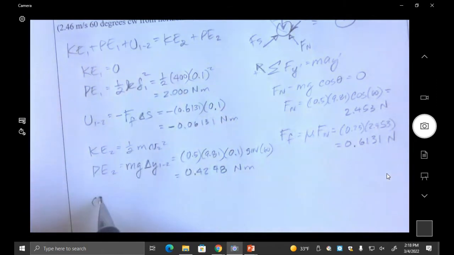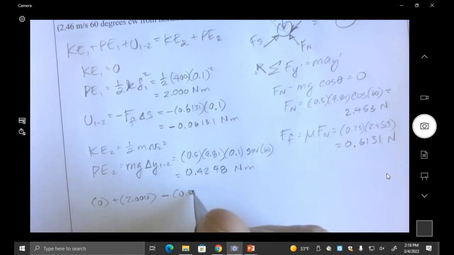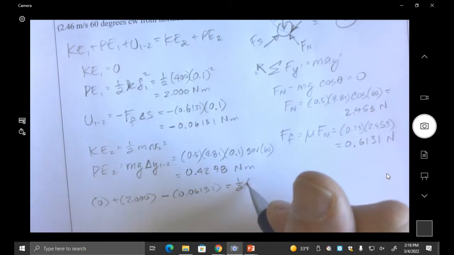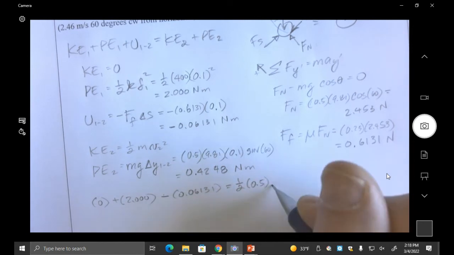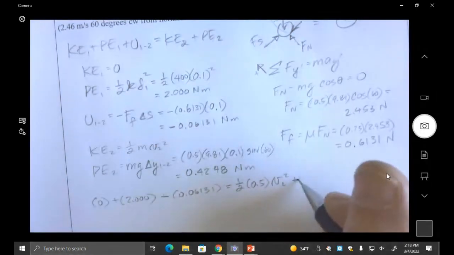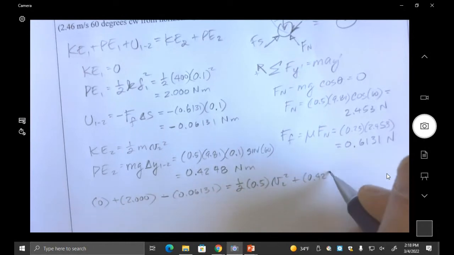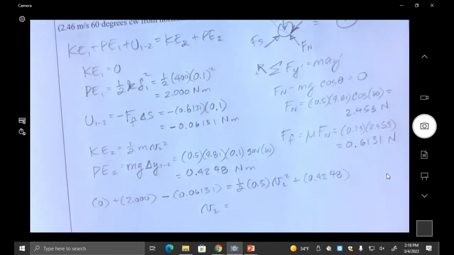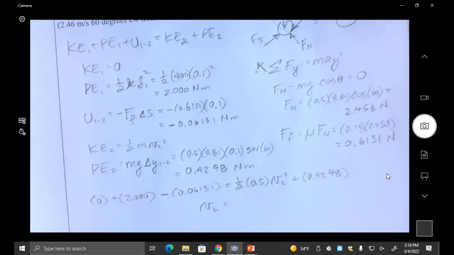Plug them back up in the top. 0, 2. I guess we could make it negative out here. I really like parentheses here. I don't know if you noticed. 0.5 v2 squared plus 0.4248. v2 is therefore going to be, let's see, subtract that out.